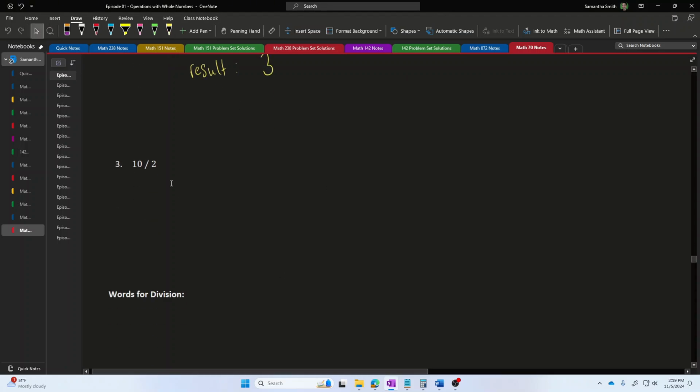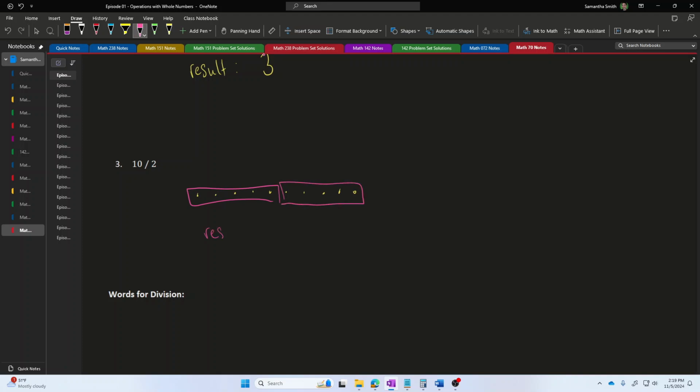Or I could say, what is 10 divided by 2? If I had a pile of 10 objects, how many objects would be left if I split that into 2 equally sized groups? If I split 10 objects into 2 groups, then each one of those groups will contain 5 objects within it. So the result of that would be 5.